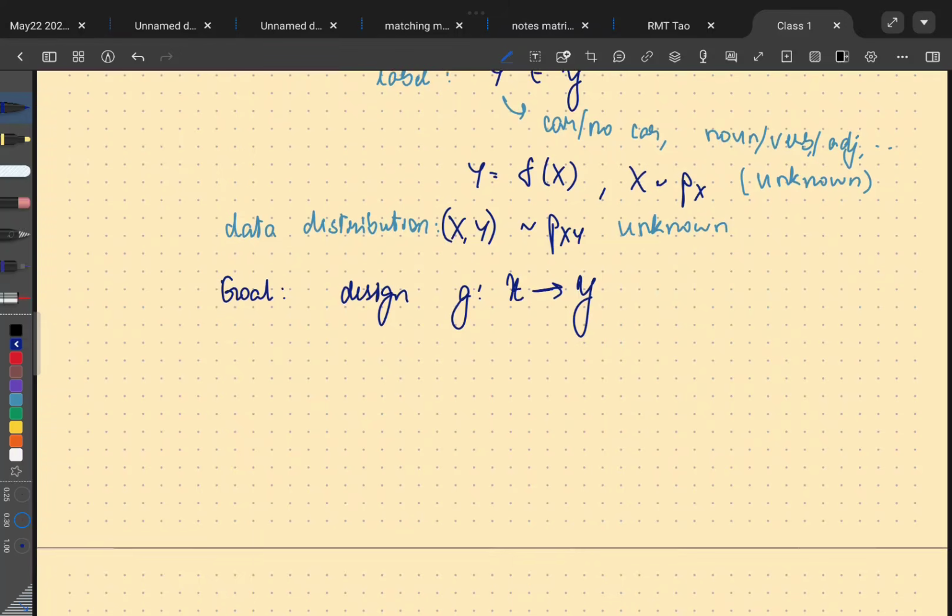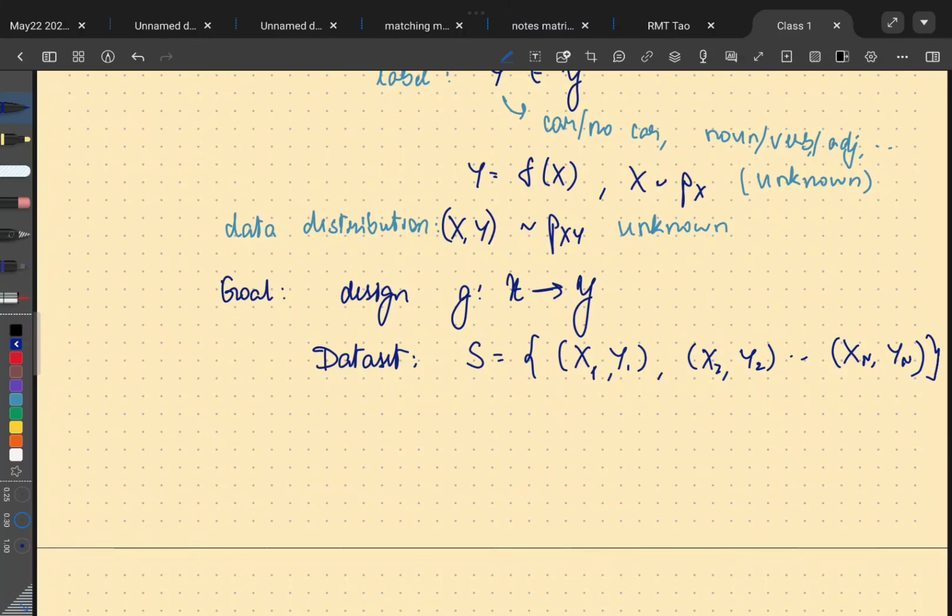Okay, but how do we design g? It is based on some data set or samples, which is just a collection of n samples, and we'll make some assumption on these samples.